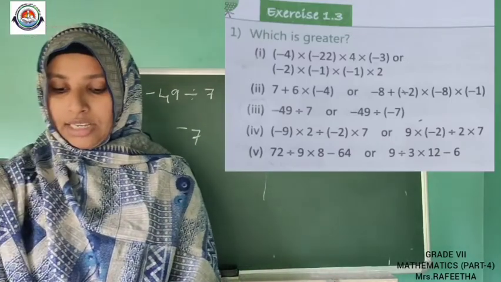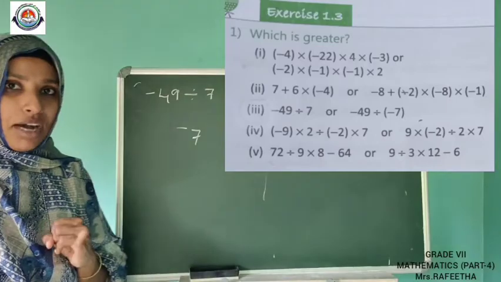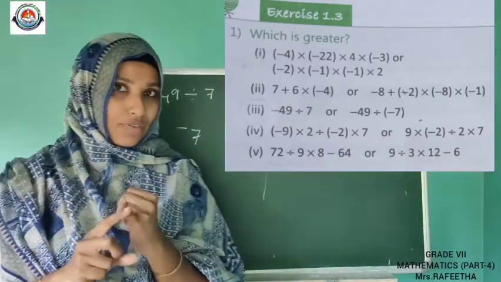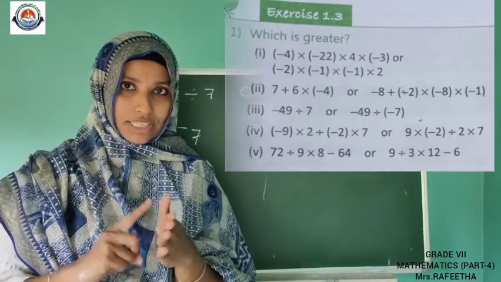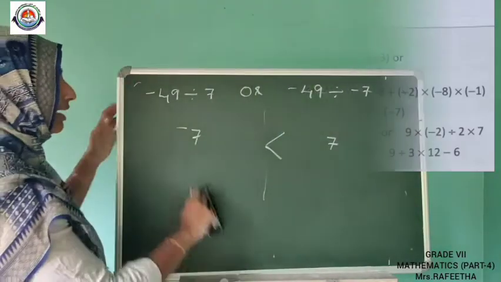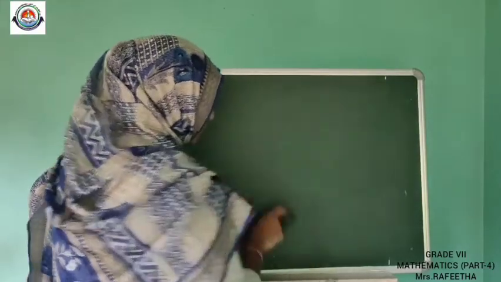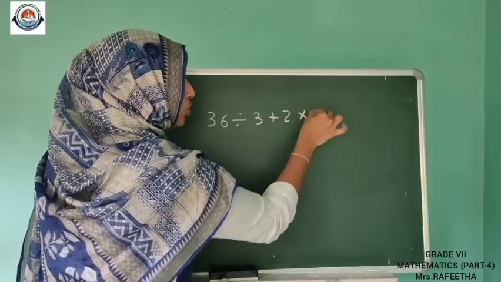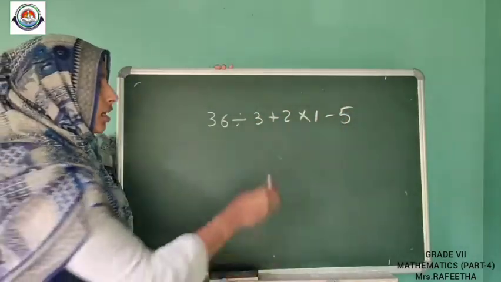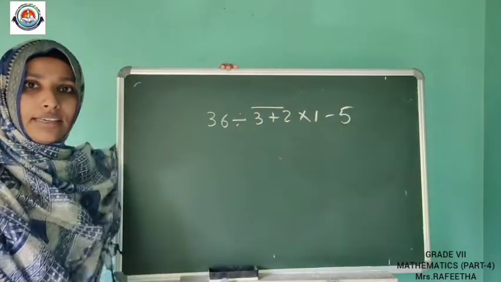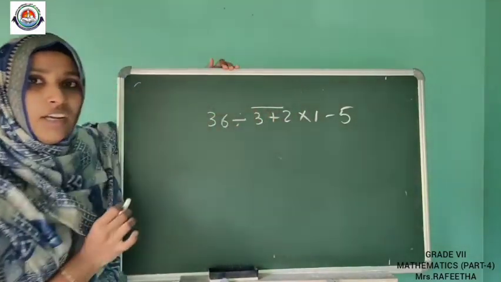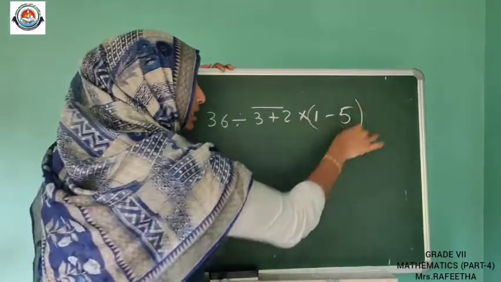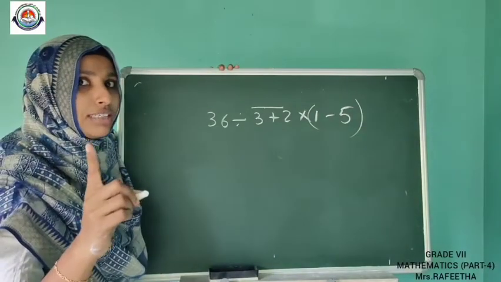Next. Now we studied the BDMAS. So, another thing, you need to consider the bracket first, division first, then multiplication, addition, subtraction. We didn't say one thing, that is the bar. Suppose 36 divided by 3 plus 2 into 1 minus 5. If suppose one bar is there like here, if one bar is there here, we have to give first preference to the bar. Okay, if suppose one bracket is also there, which do we consider first?